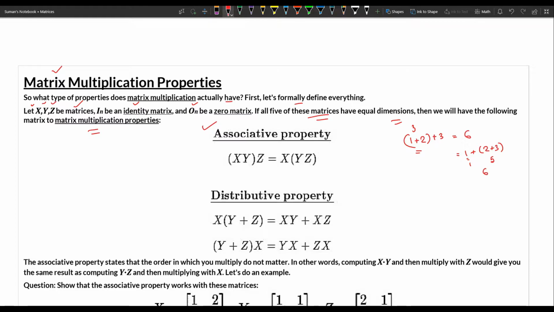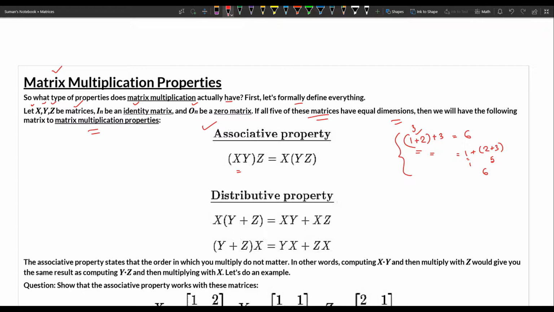That type of property is known as the associative property, and it is followed by the addition operation for the normal number system. Now, the associative property for matrix multiplication: we have three matrices of the same order.